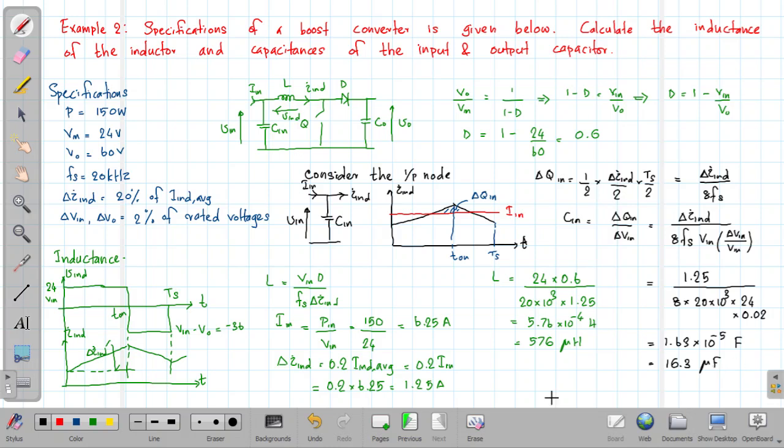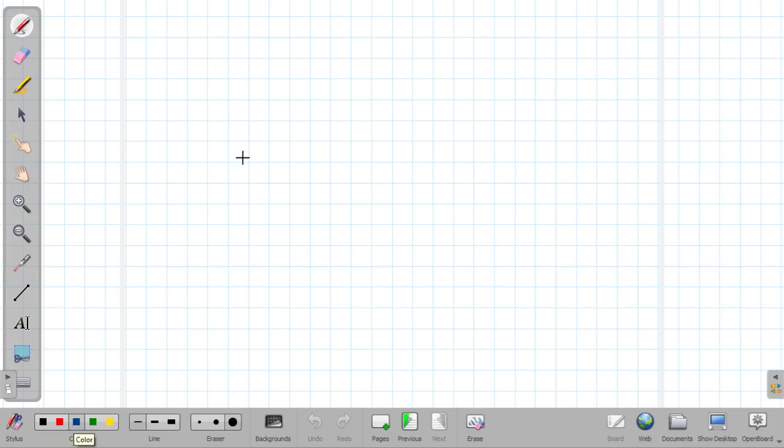Then we can look at the output capacitance. We will consider the output node. We have C out, V out, I out, and the diode current.